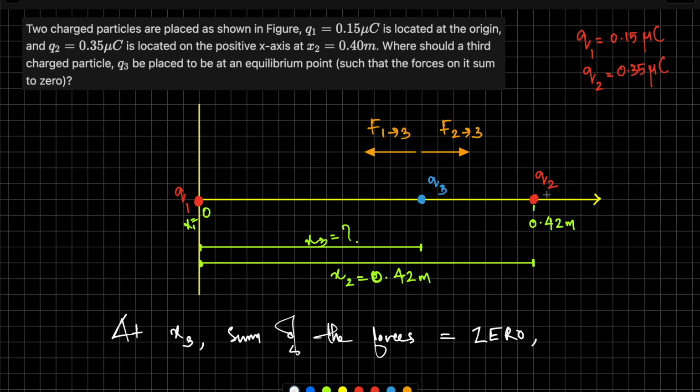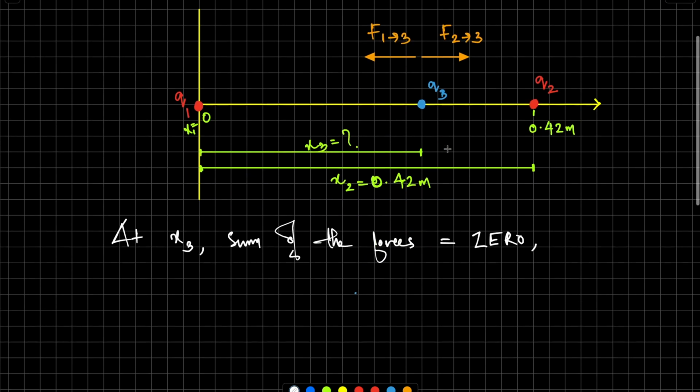Q2 is again positively charged, so Q2 will try to pull Q3 towards its side. F2 to 3 is towards right. The idea here is if you add these two forces, you should get 0. Okay, so I'm going to write that here. F1 to 3 plus F2 to 3 is equal to 0.